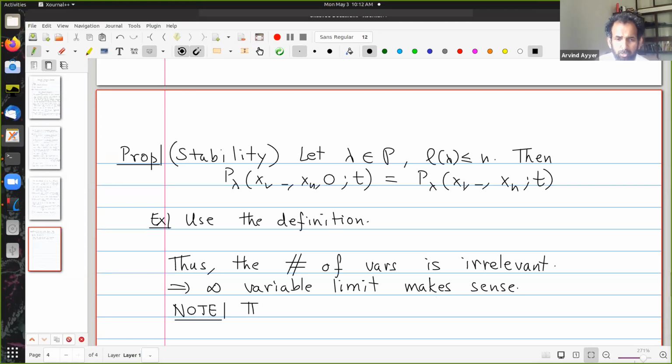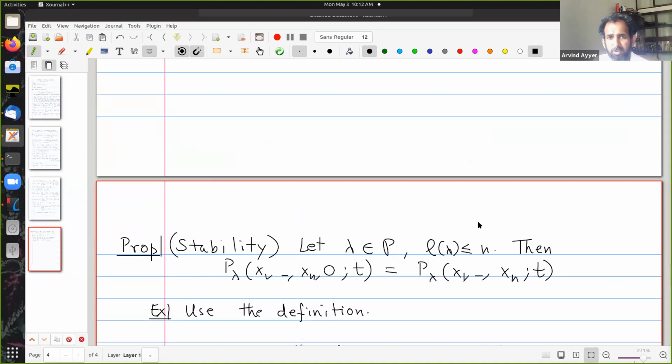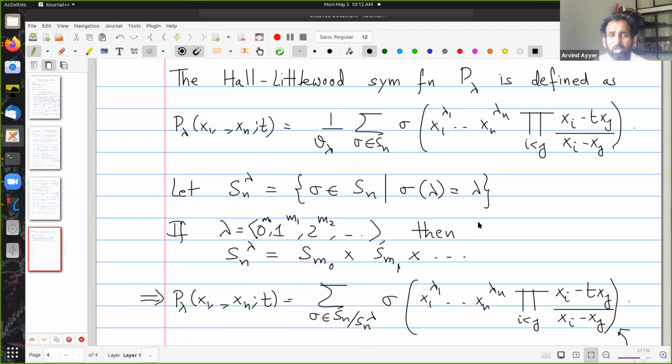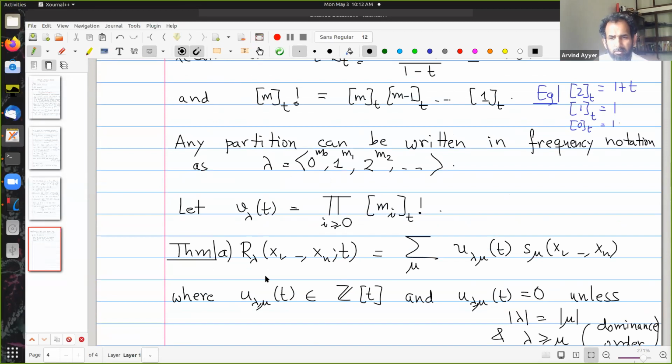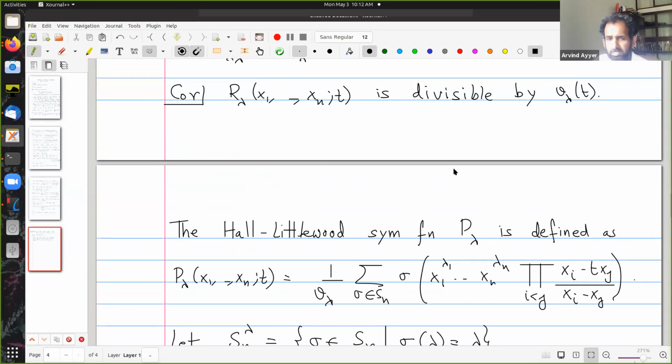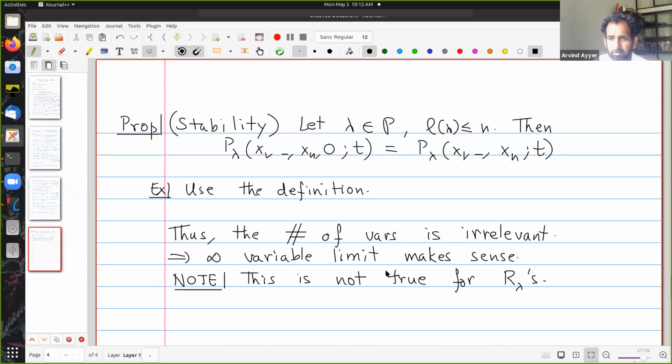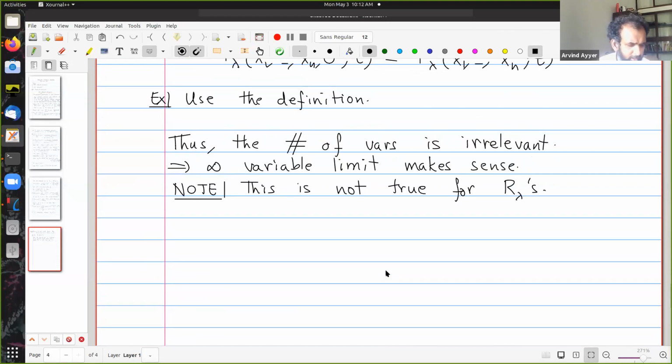But note, this is not true for the R lambdas. So the first thing that we defined does not have the stability property. This R lambda. But when you factor out by this V lambda, things become much nicer. Okay, and it's kind of easy to see, and it can be rectified also, which we will also do soon.